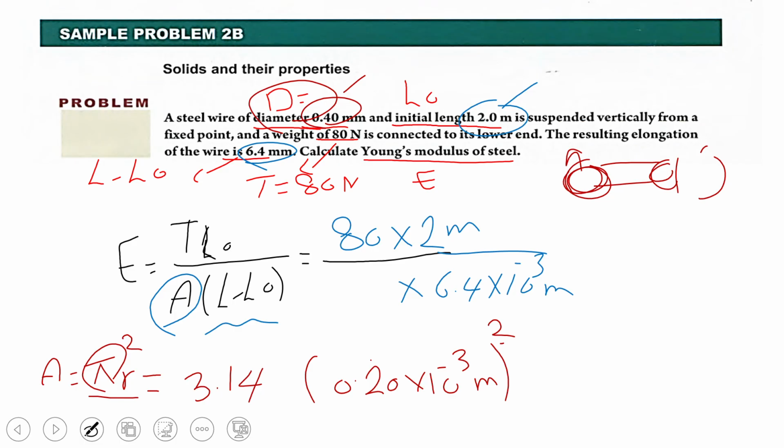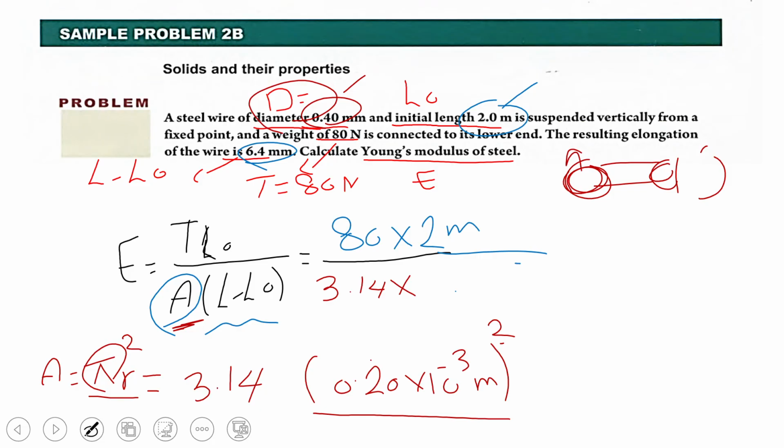So guys, let me make it nice. Wait, I have to write it here, it's better. Look, the area we said is pi r square, so pi is 3.14 times r square. This is r square, where r we get by dividing the diameter by 2.